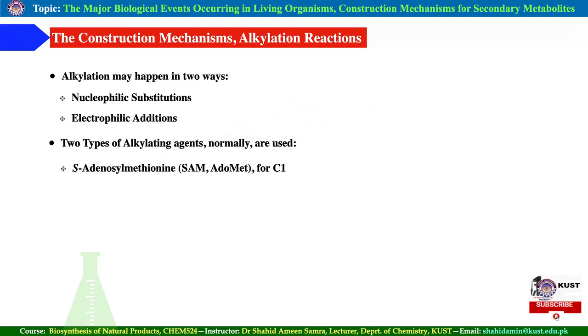One of these, very important, is S-adenosyl methionine, SAM or AdoMet. This normally provides C1 units, that is, a methyl or modified methyl group. The second one is dimethylallyl diphosphate, DMAPP, and this provides us with C5 units.